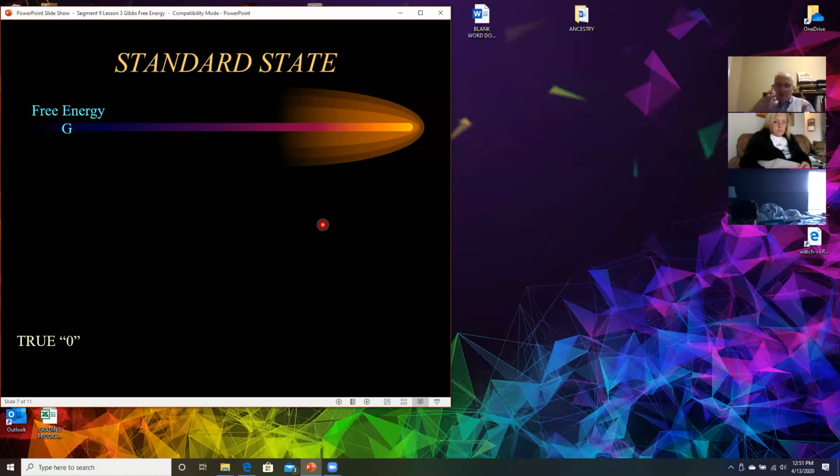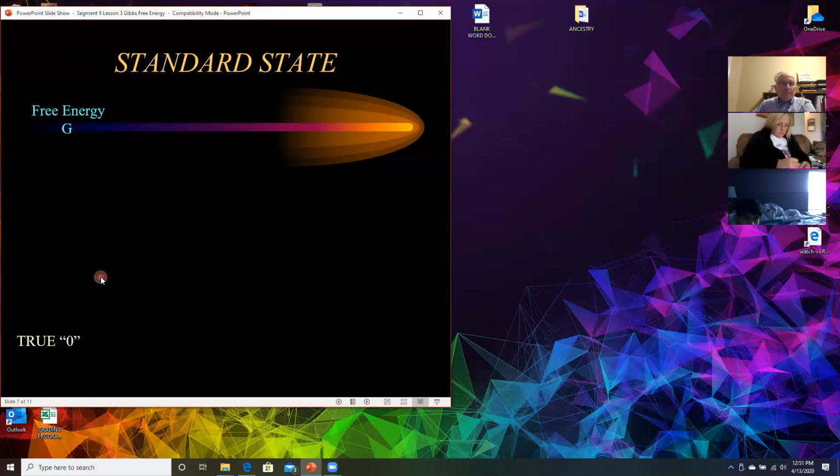I mean, if it has a value and you decrease it and you decrease it, you ought to be able to get to a 0. So I have a concept that there is a true 0 for delta G, just like I did for delta H. But we can't ever see the absolute values. All we can see is changes.